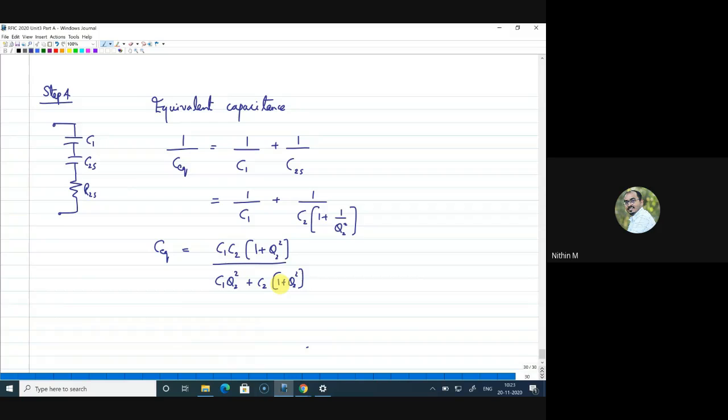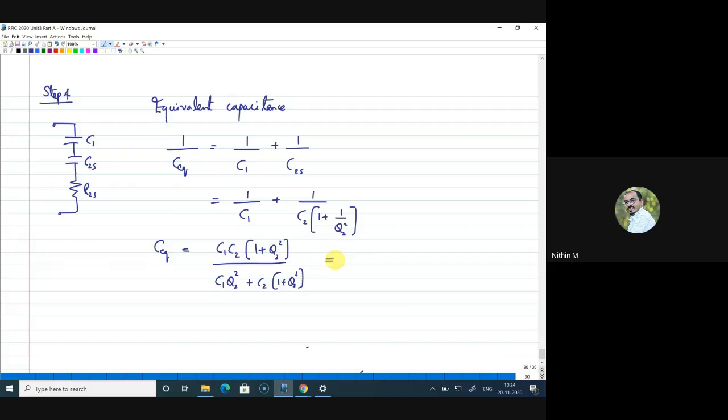I hope so. So this is C equivalent. C equivalent is C1 C2 into 1 plus Q2 square divided by C1 Q2 square plus C2 into 1 plus Q2 square. How can we further write this?